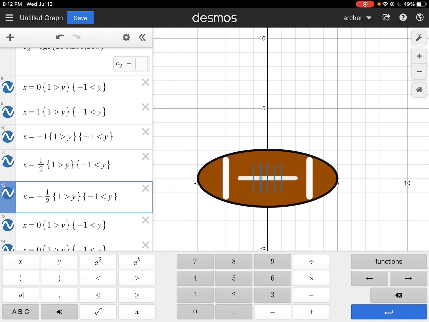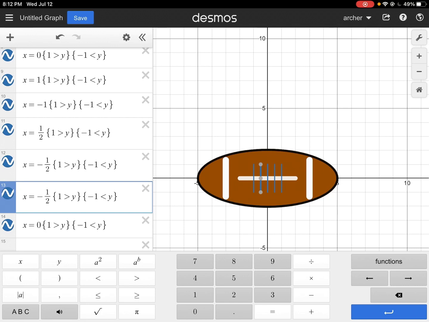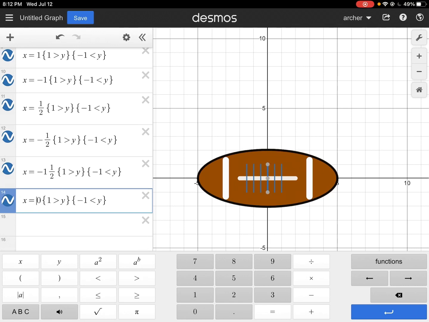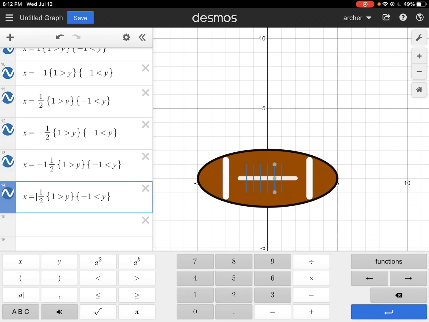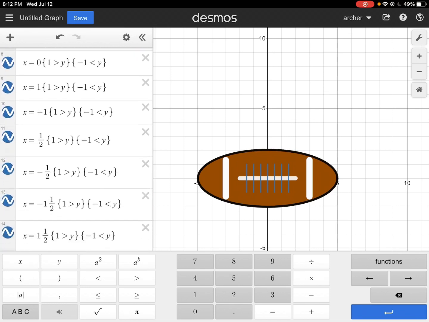And then negative 1/2, negative 1, half, negative 1.5, 1.5, 1, and then, did I make enough?